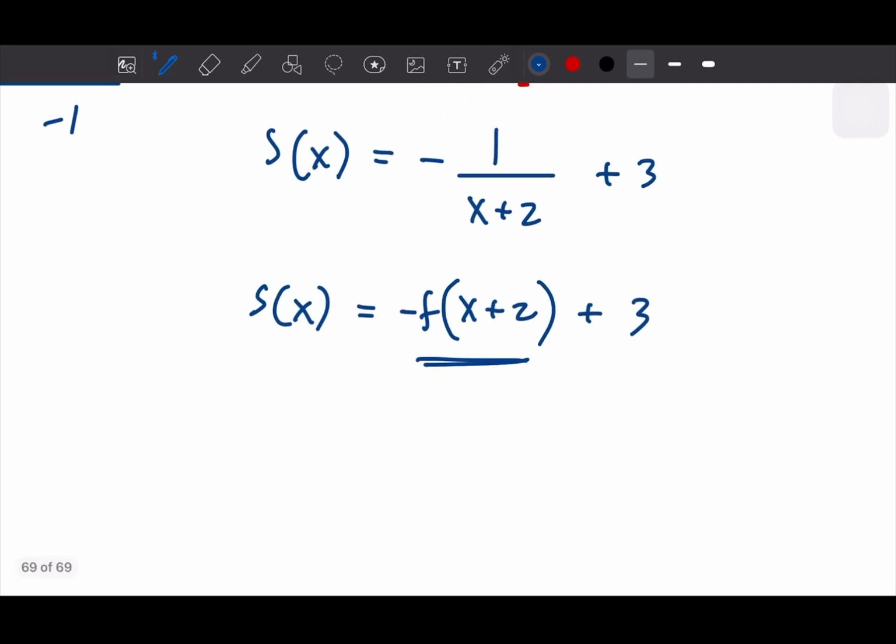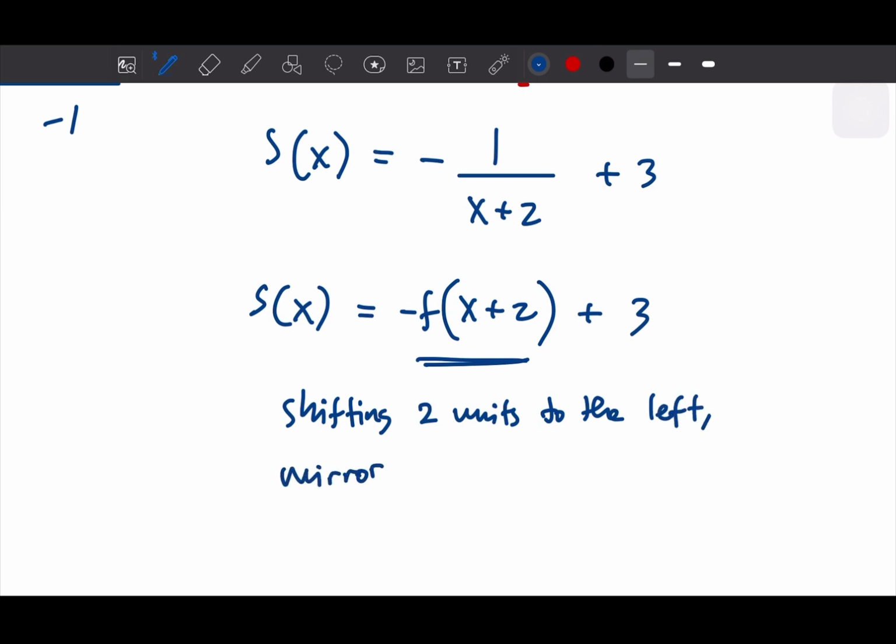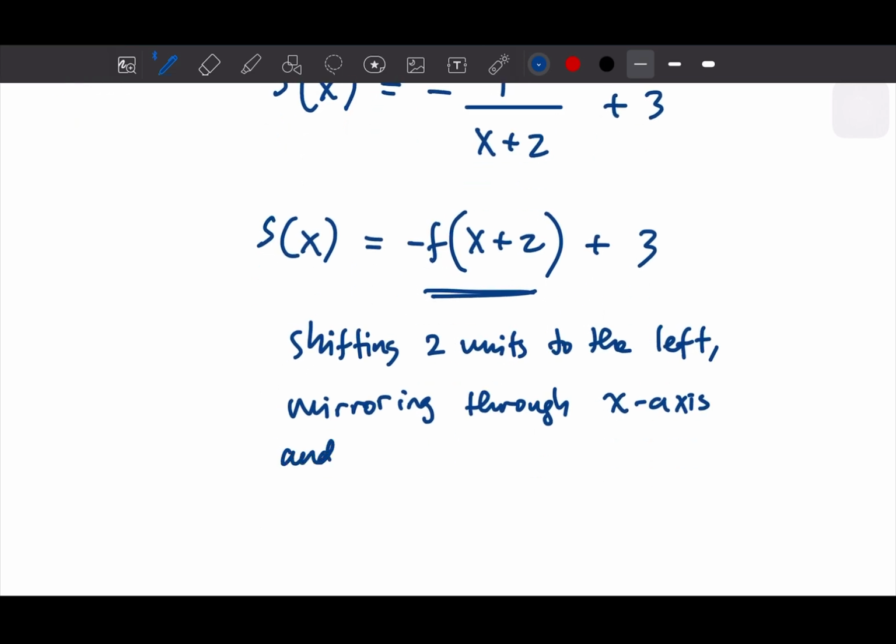So shifting 2 units to the left, and then mirroring or reflecting through the x-axis, and shifting 3 units upwards from here.